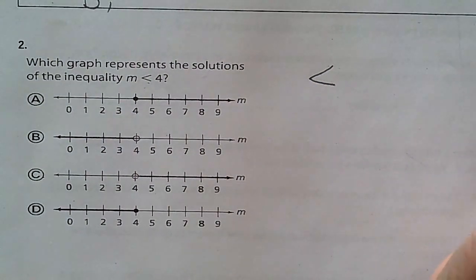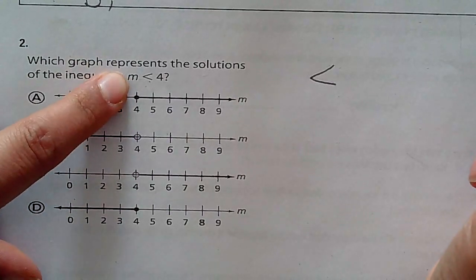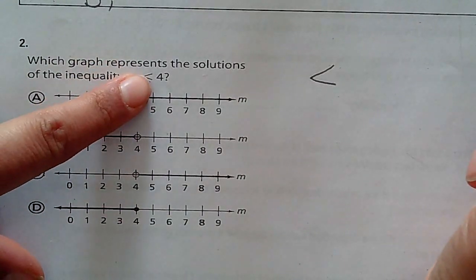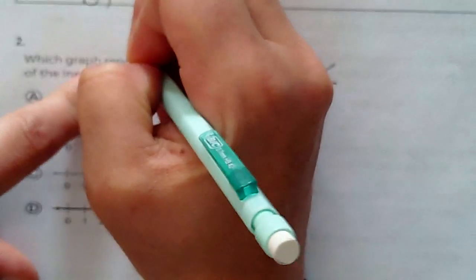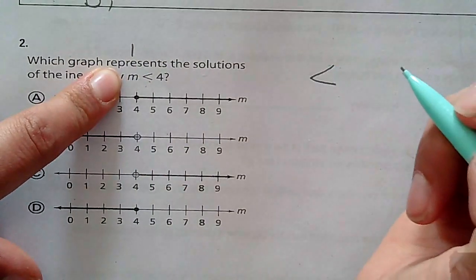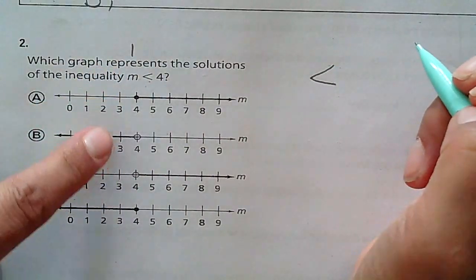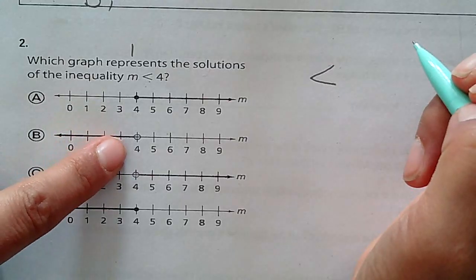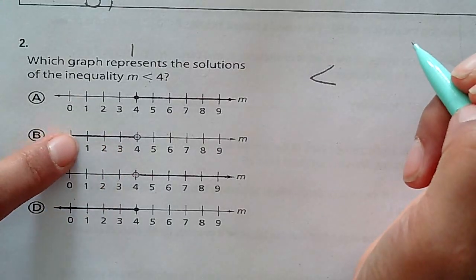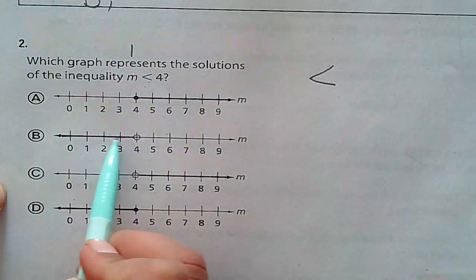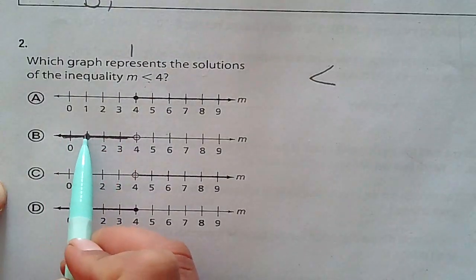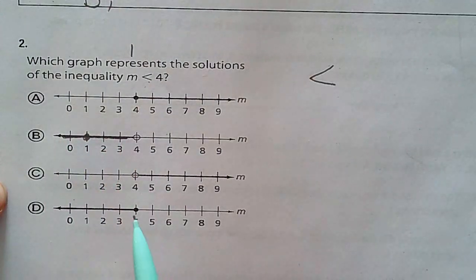It means that we can plug in any number for m, but it has to be less than 4. So let's pretend it's 1. 1 is less than 4. So I want to look for the arrow where it's showing 1 as a possible solution. So this dark shaded line is showing me that 1 is a possible solution.